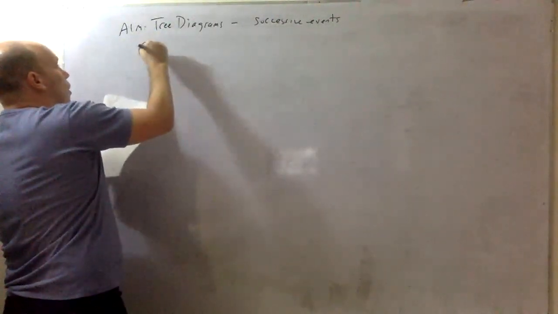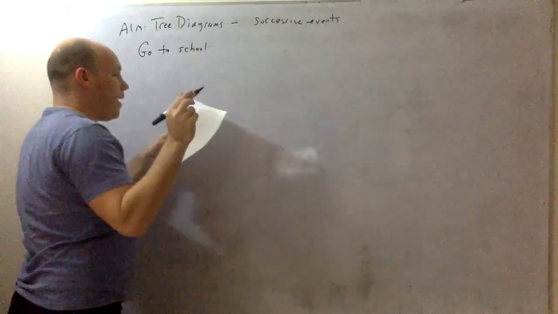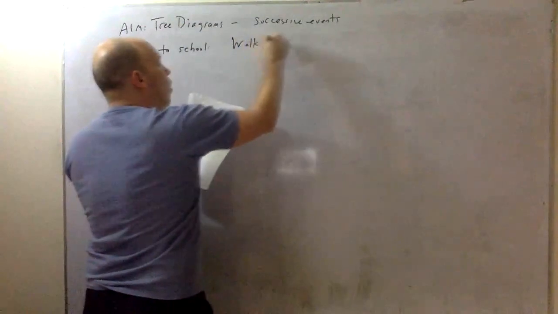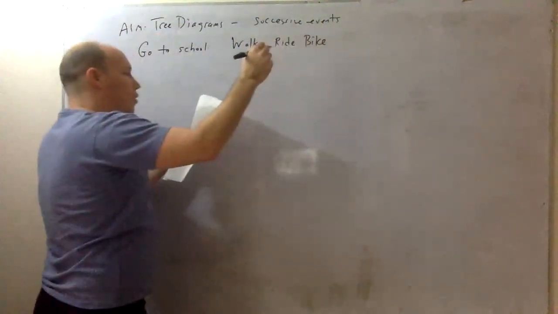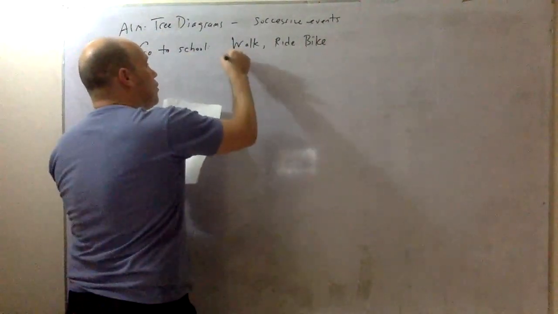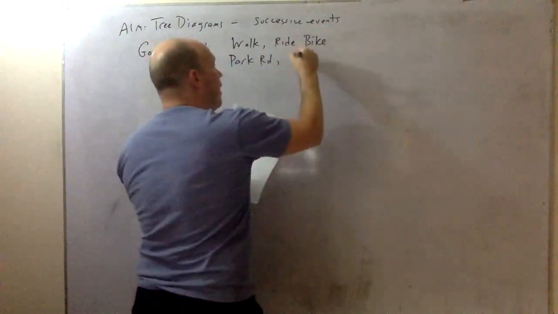You go to school, and you can either walk or ride your bike. And you can, I'm in Bangladesh now, if you watch this video in the future, get to school by taking Park Road, or you can get to school by taking UN Road.